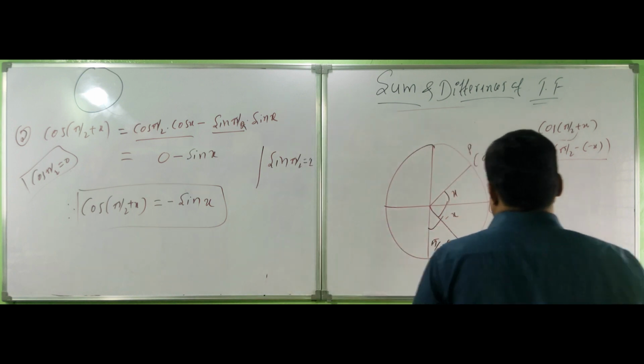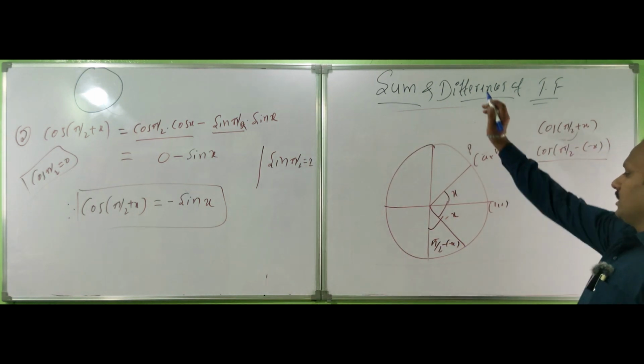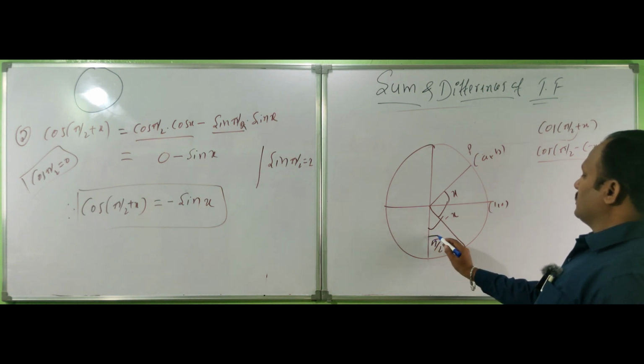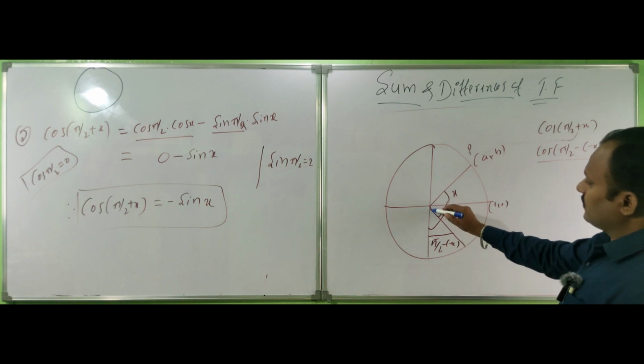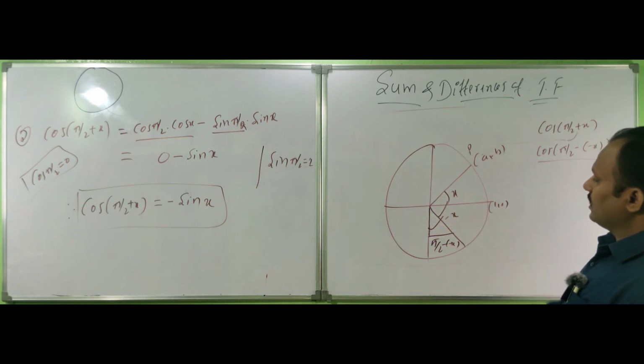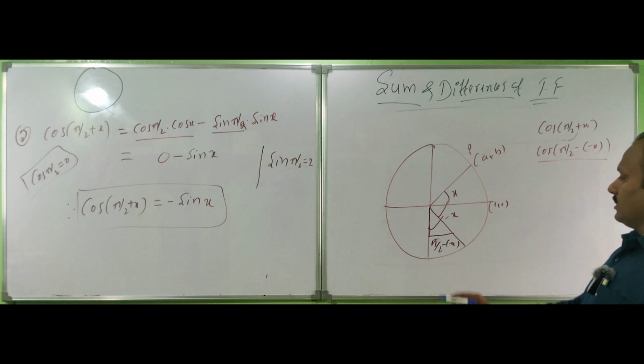Then this gives cos of this angle. This is the adjacent. This is the opposite.